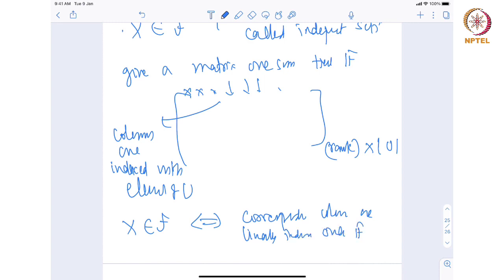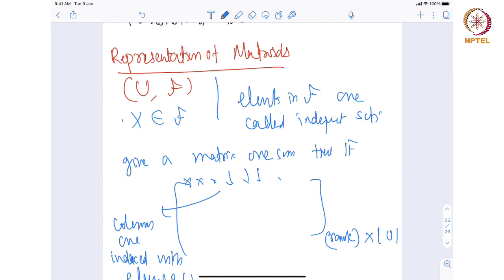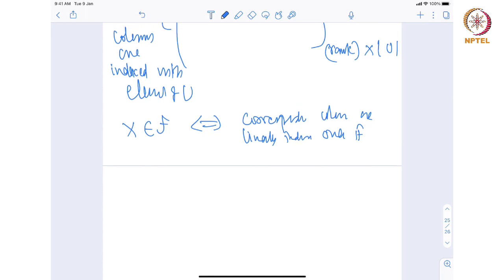So what does this matrix tell us? If I want to test whether my set X is independent or not, I go and look at the corresponding columns and check whether they are linearly independent over the field F. A matroid for which such a matrix exists is called a representable matroid.